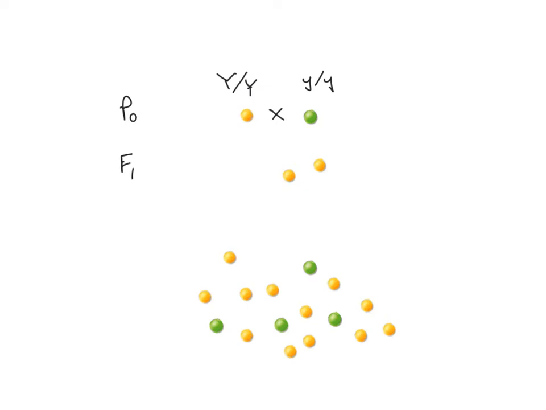Mendel chose two of those individuals, both of which would be yellow, and both of which would have the genotype capital Y over lowercase y, and mated them together to produce the second filial, or F2 generation. And this is an example of an F2 cross design.